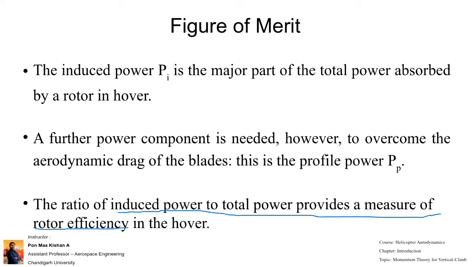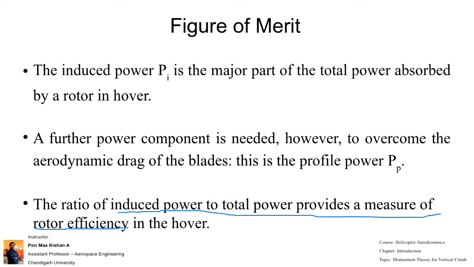When we are calculating efficiency, we calculate it with respect to power input and power output. So for identifying the rotor efficiency, we calculate the ratio between induced power and total power. In other terms, they call it the figure of merit, a measure of rotor efficiency.